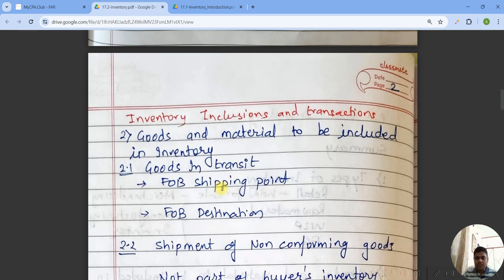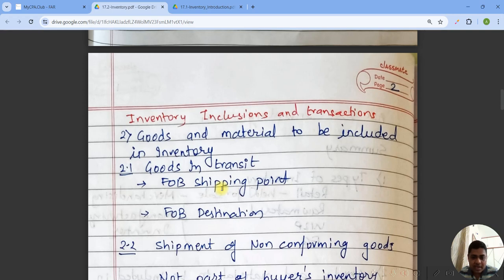Whether that has to be included as part of inventory depends on whether the procurement is on FOB shipping point or FOB destination. If it is FOB shipping point, then goods in transit are part of our inventory, because we run the risk of holding that inventory. The ownership of inventory is transferred at the shipping point.